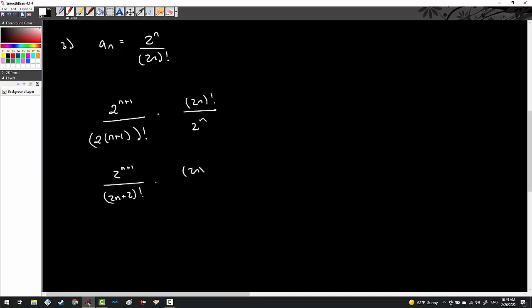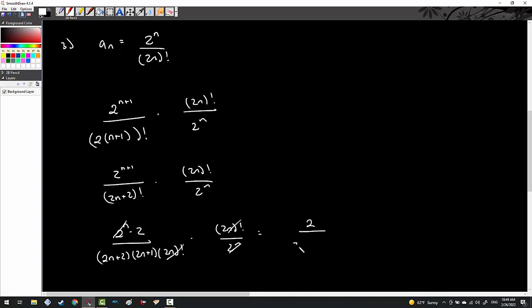And so we got 2n factorial over 2 to the n. So again, I've got 2 to the n times 2 over, this is going to become (2n plus 2) times (2n plus 1) times 2n factorial, over 2n factorial over 2 to the n. The factorials cancel each other. The 2 to the n's cancel each other.